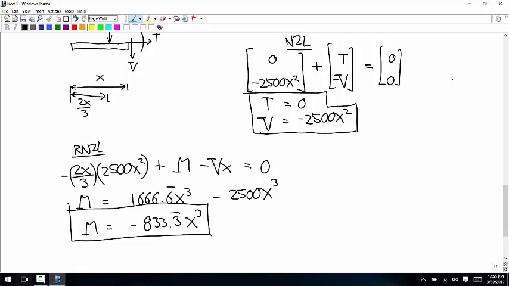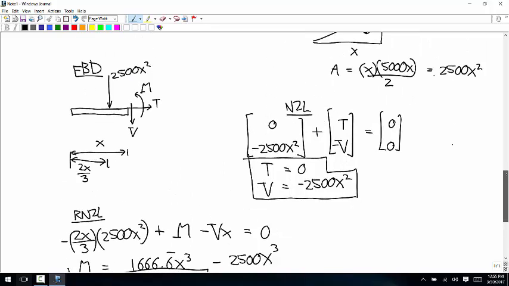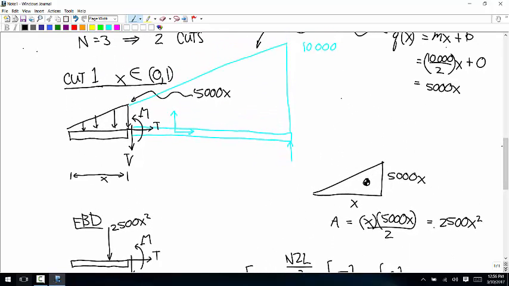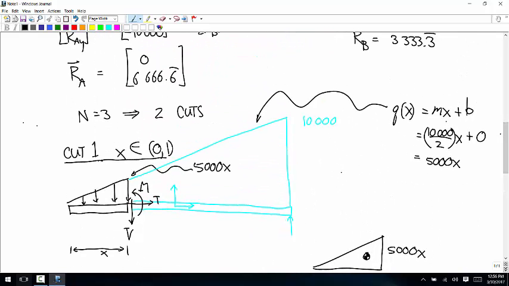Negative dV/dx has to be equal to q, the function that represents the distributed load. dV/dx is negative 5000x, so negative dV/dx is positive 5000x. And looky here, that's q of x, 5000x. It works every time like that. Any questions about that?